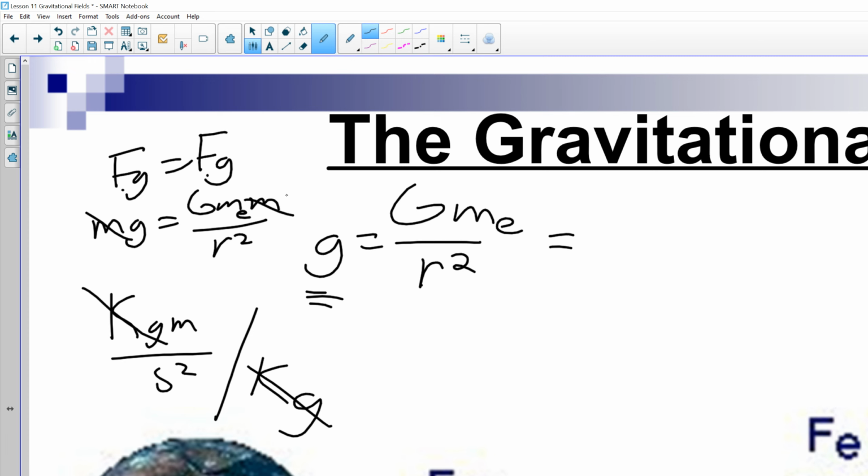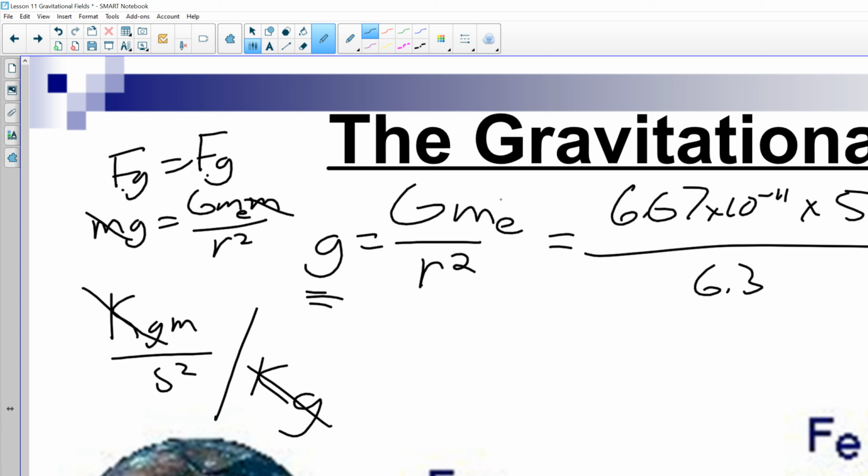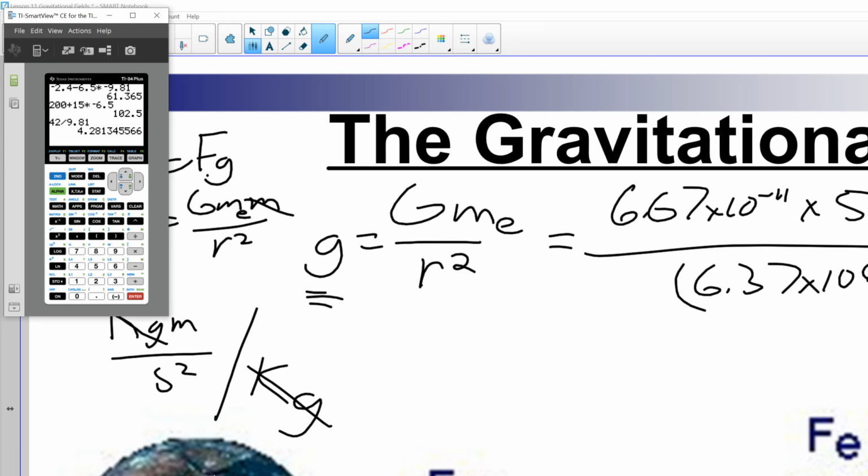So that would calculate different numbers for g depending on where we were on Earth. If we do this with the numbers we have on our formula sheet, we'll have 6.67 times 10 to the minus 11 times 5.98 times 10 to the 24, divided by 6.37 times 10 to the 6 squared. Theoretically, that should come out to 9.81 newtons per kilogram.